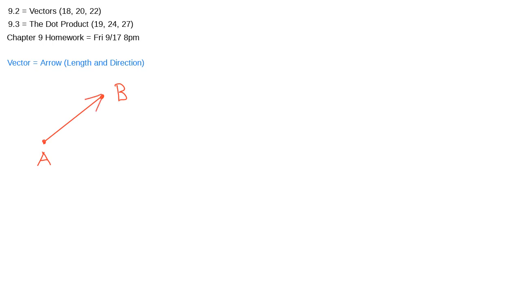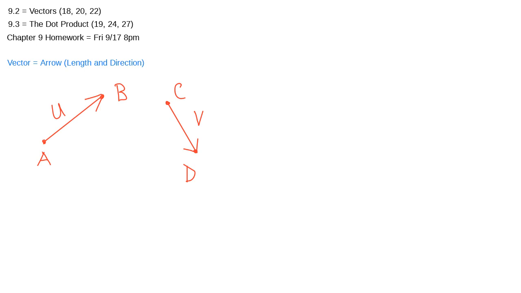Let's do point C and point D. I'm going to call this vector U. I'm going to call this vector V.